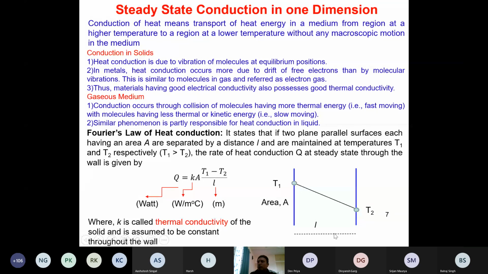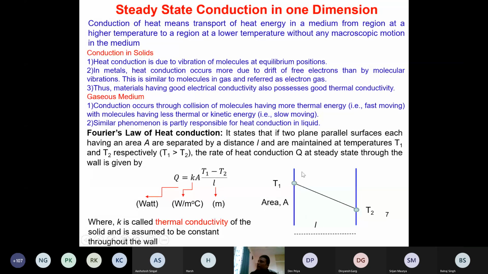Again, this heat transfer through a slab will be governed by Fourier's law of heat conduction, which is given as the net heat transfer Q = kA(T1 - T2)/L. Here T1 - T2 is the driving force, whereas L/kA is the resistance offered by the slab.